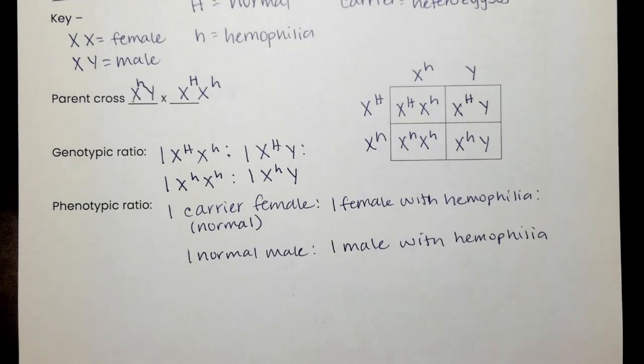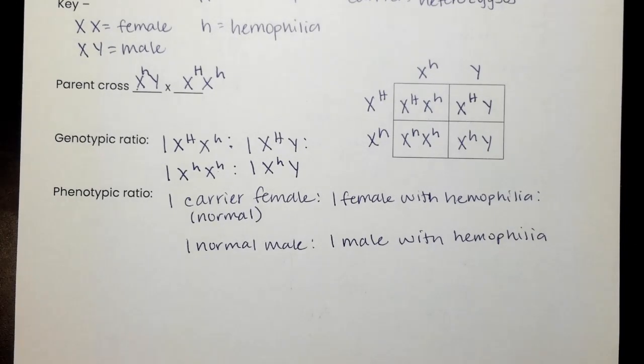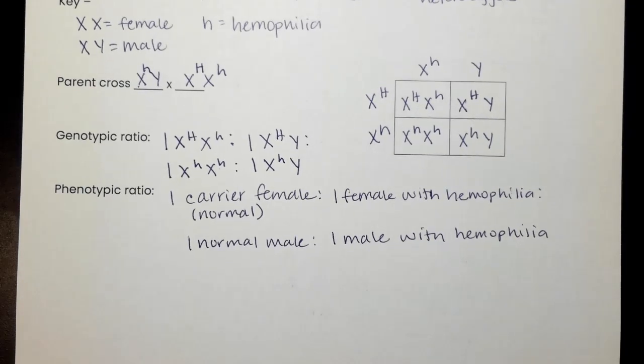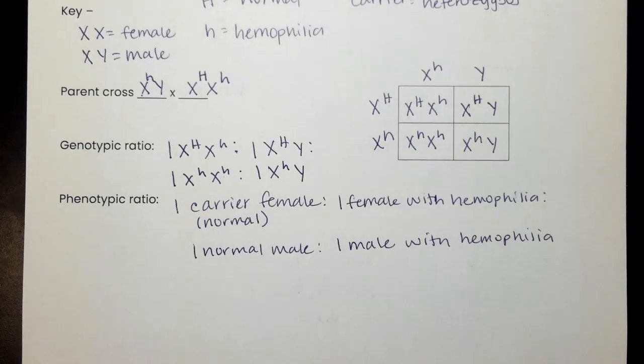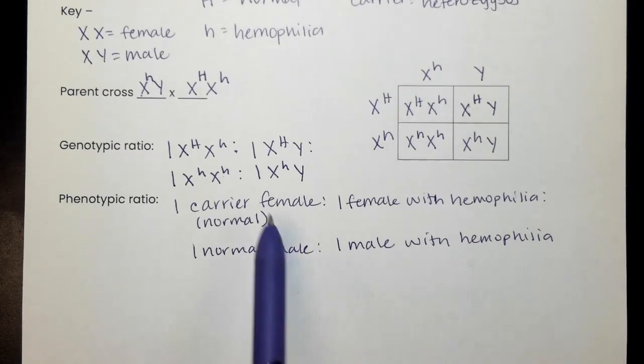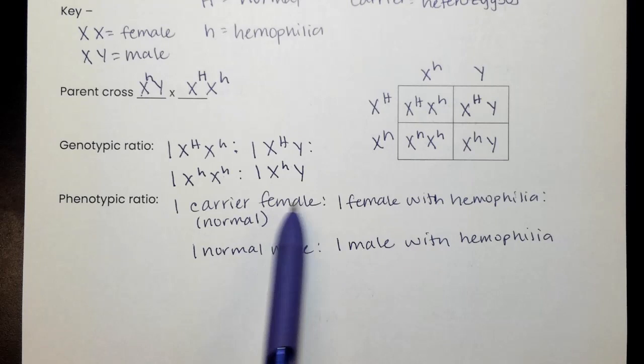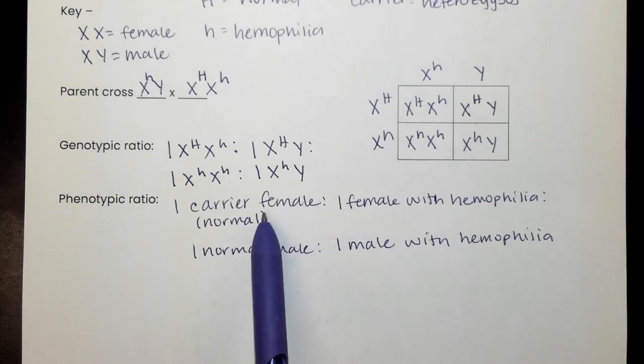Now, when you have problems that are related to sex-linked traits, you have to be careful if they ask you about the male offspring or the female offspring or the total offspring. So if you were to get a question asking what percent of the female offspring would be expected to be normal, then we're only looking at these two. So 1 out of 2 would be 50%.